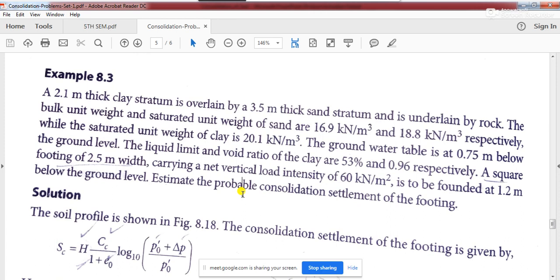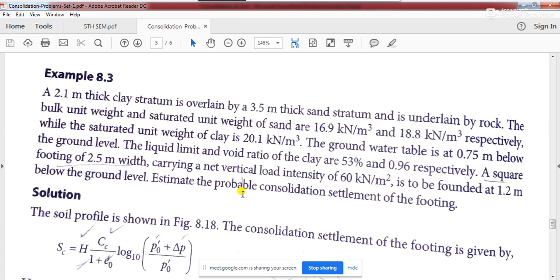Okay, and if you understand this consolidation settlement problem and the previous problem, that is using Boussinesq's method whatever we have discussed, then for settlement calculation, any kind of problem that comes in front of you, you should be able to calculate settlement.